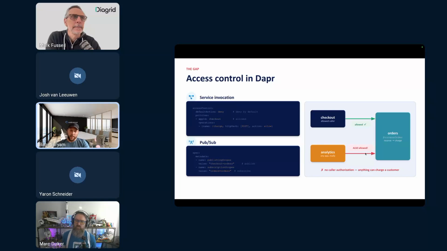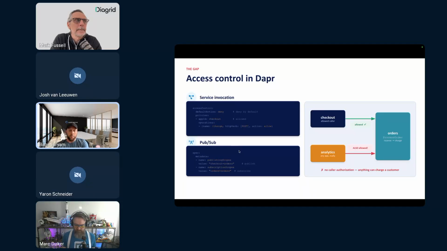If they were interacting through service invocation, I can apply access control policies and lock down the order service with a policy like this. I can deny all access to the order service and only allow the checkout service to call the charge endpoint over HTTP.